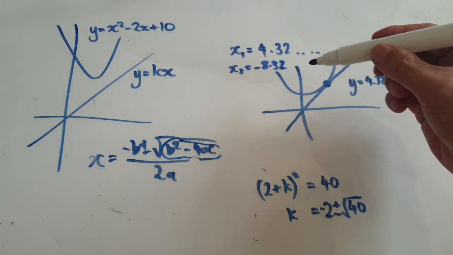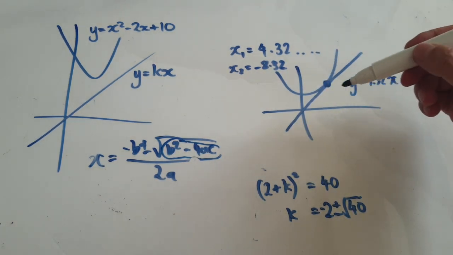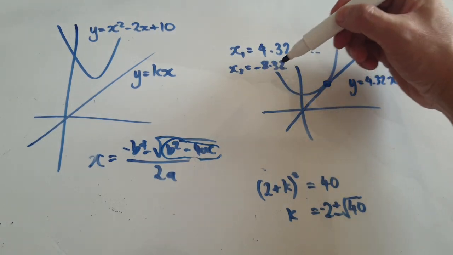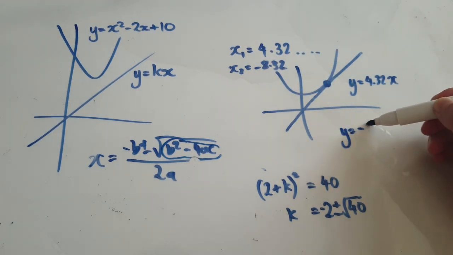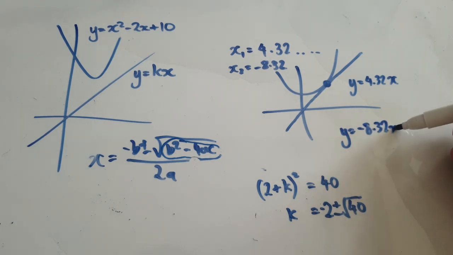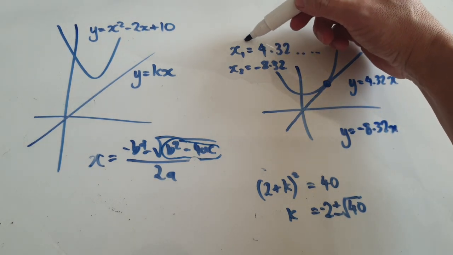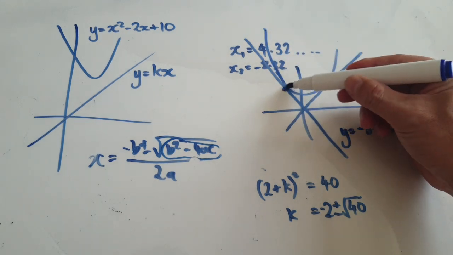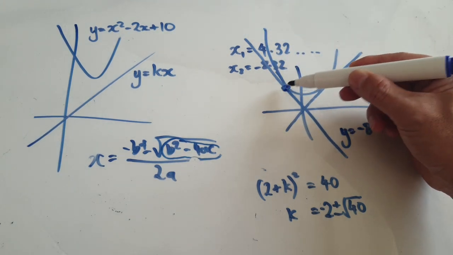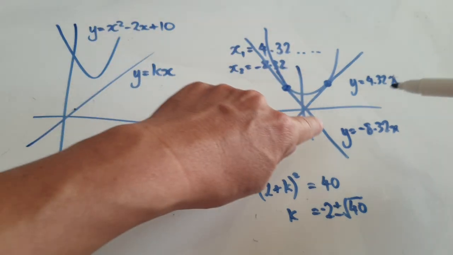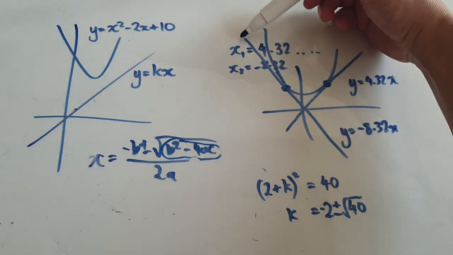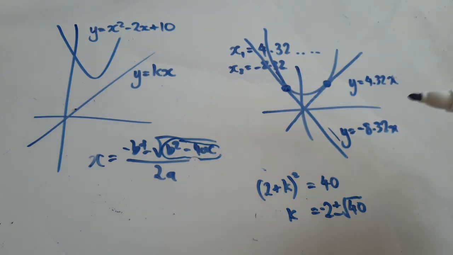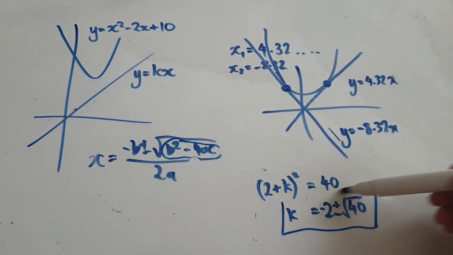So it turns out that there's another straight line where it would touch a quadratic only once, and it's going downhill. So if you punch in y equals negative 8.32x, you have another graph looking something like this. And it turns out that there's only one point of intersection. So there are two solutions to this problem. You probably didn't realize that there's another one on the other side of this quadratic. Okay, so the answer is actually this thing here.